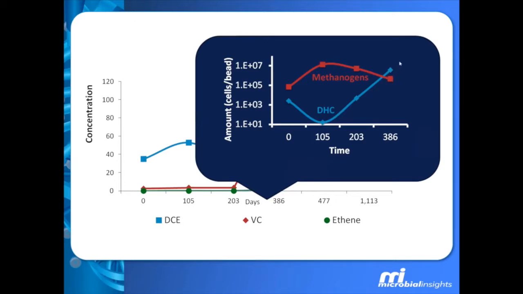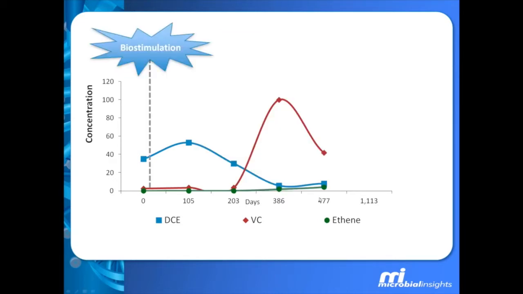So initially, while we were seeing competition from the methanogens that was limiting the growth of dihelicoides, as time goes on, we see dihelicoides now starting to outcompete the methanogens. And as time goes on, now we see the vinyl chloride concentration going down, ethene concentration going up further.